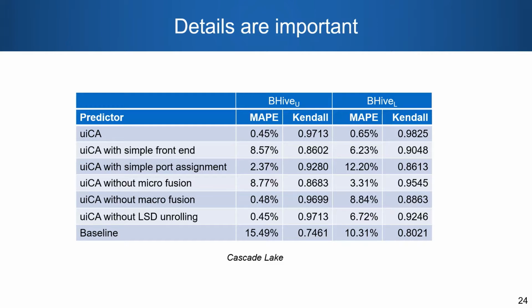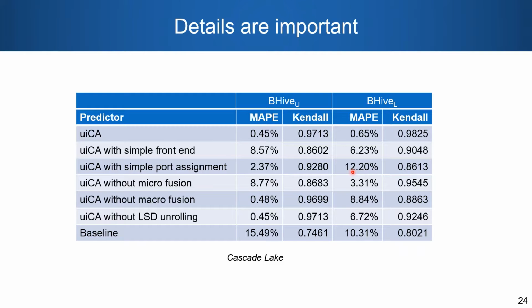Here you can, for example, see that if we use a front-end model that is similar to that of previous tools, instead of our detailed front-end model, the average error increases by almost an order of magnitude for the loop-based benchmarks, and by even more in the case of unrolling. And you can see that in some other cases, the difference is even higher.